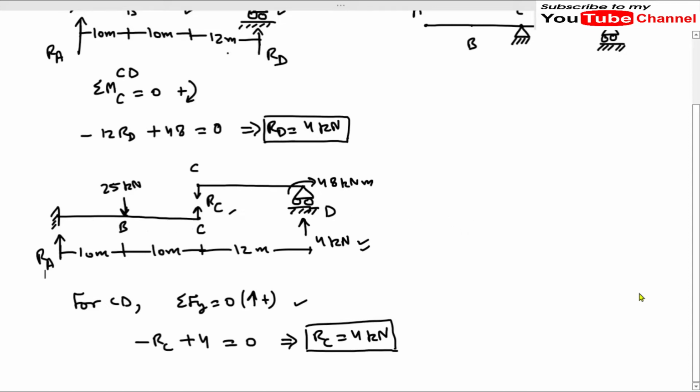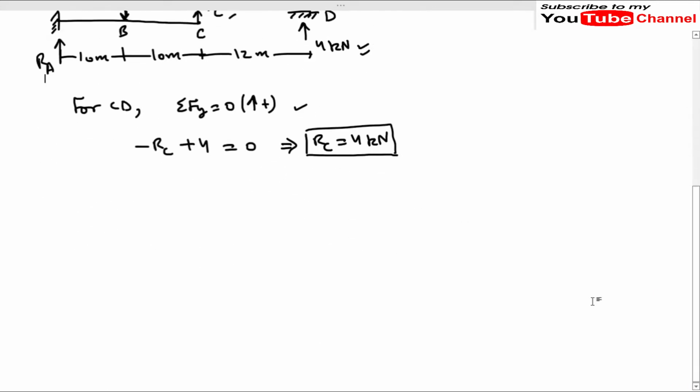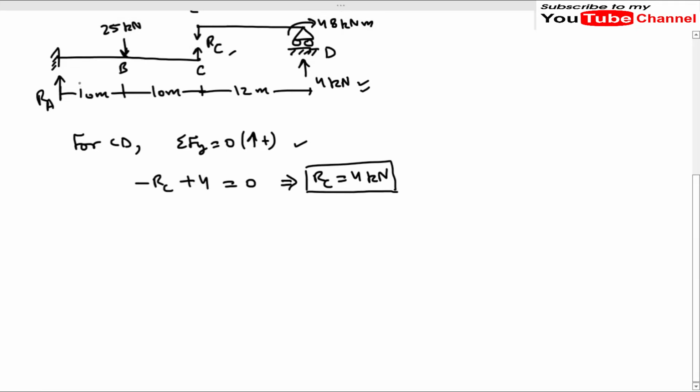The value of RC is 4, and we can find out the reaction RA by applying this equation for portion AC. Sigma Fy is equal to 0, upward direction as positive, and it will be RA, which is acting upward, so it will be taken as positive, minus 25, which is acting downward, plus RC. RC for this portion AC will be acting upward, so it will be 0.